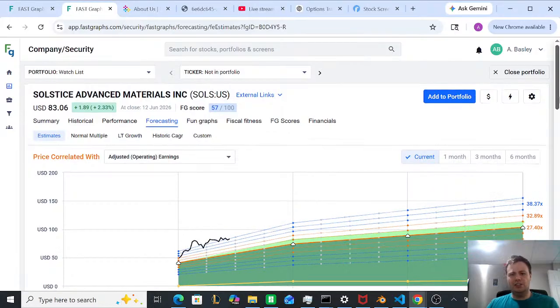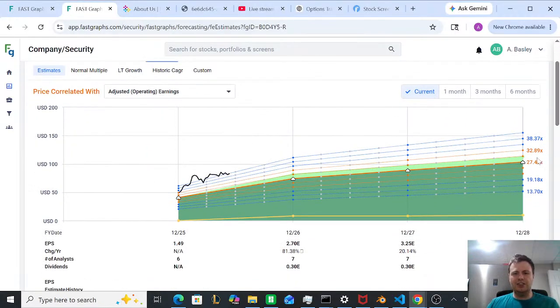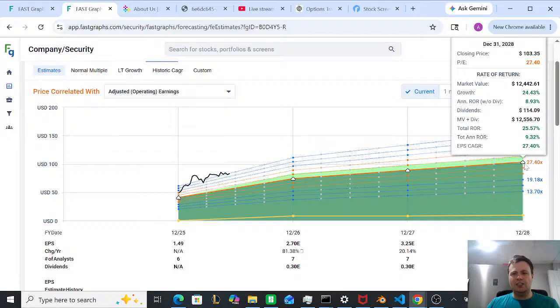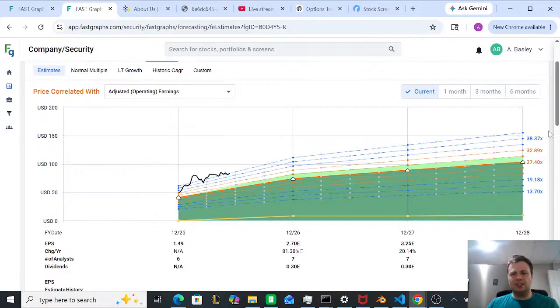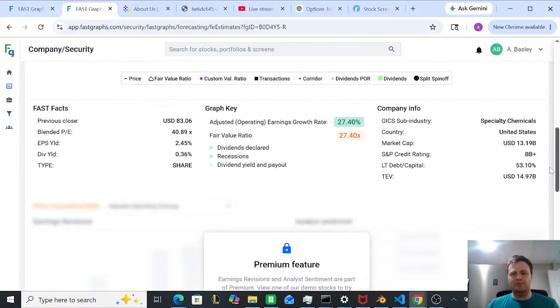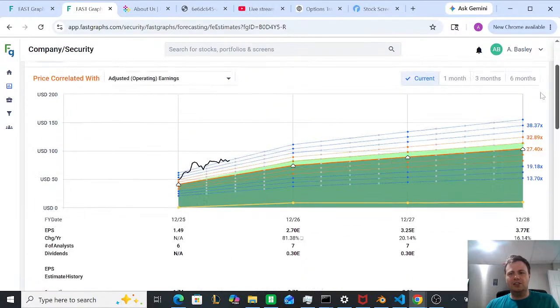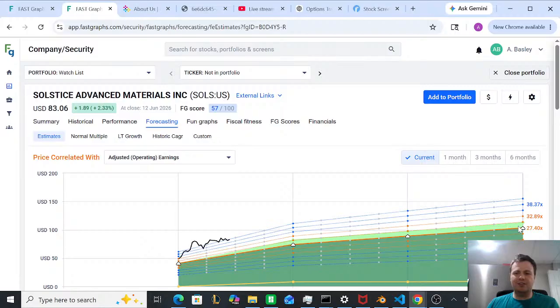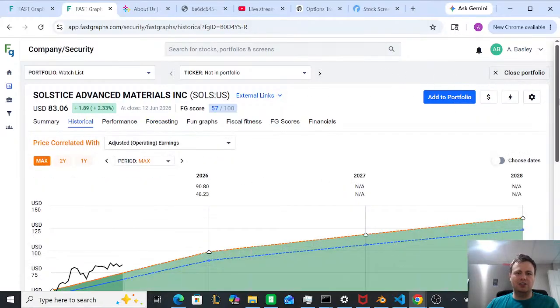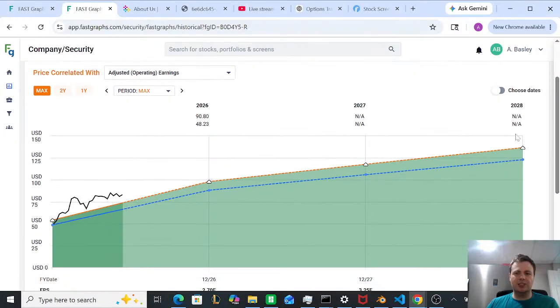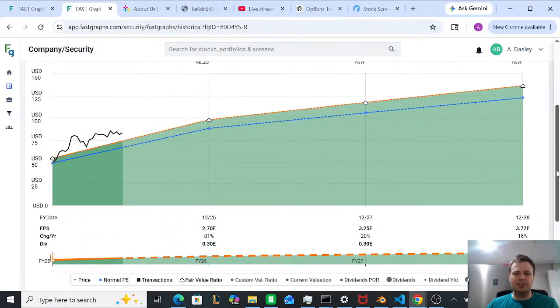This is a Honeywell spinoff, and my dad got this idea from it somehow being a nuclear play. The graph looks terrible right now. This doesn't look too bad, but they're expecting 80.